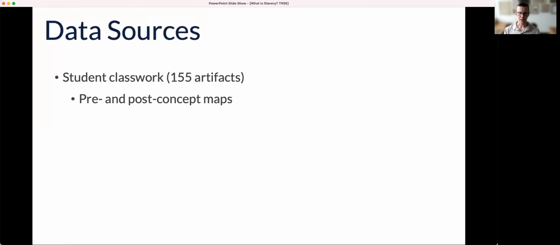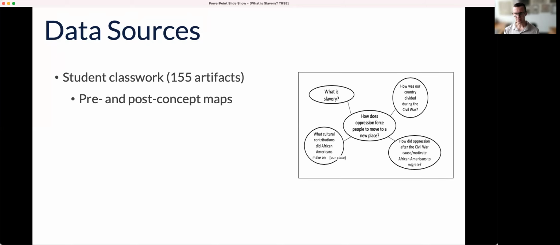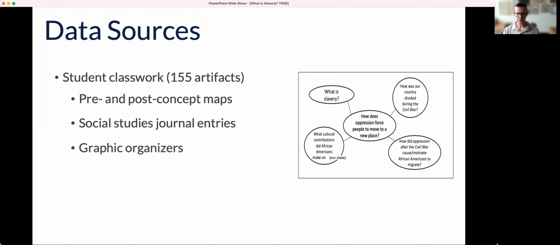To understand what students thought before and after instruction, I gave them a pre and post concept map to complete, where they could write or draw responses to the compelling and supporting questions. Classwork also included social studies journals, as well as graphic organizers students completed when analyzing or comparing texts. I also did interviews with 8 focal students about their maps before and after the inquiry.